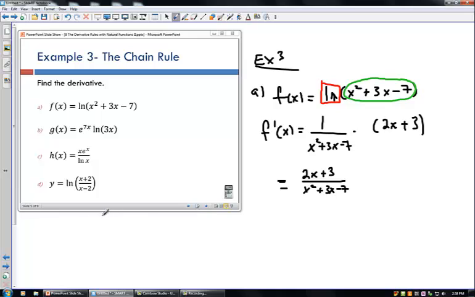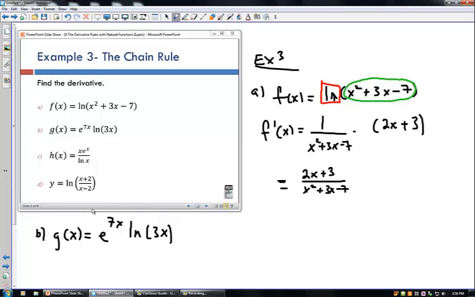The next problem, right here on part B, let's copy it down. So we have g of x equal to e to the 7x times ln of 3x. And now if you think about this, which rule are you going to apply first?